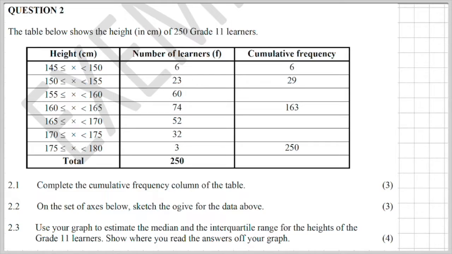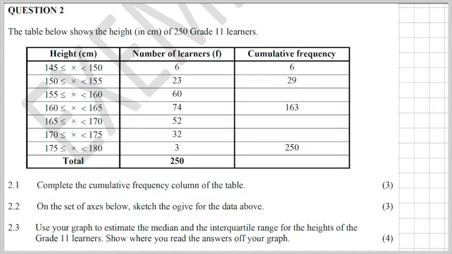Please try this one yourself and then carry on to the rest of the question paper. There is also a question 2.4, 2.5 and 2.6, but I'll give you some time later on to do those yourself.